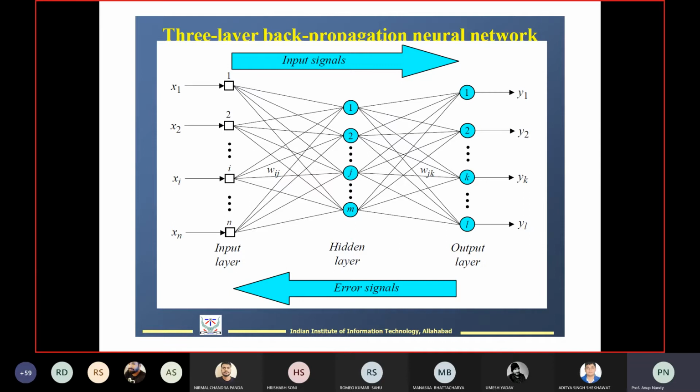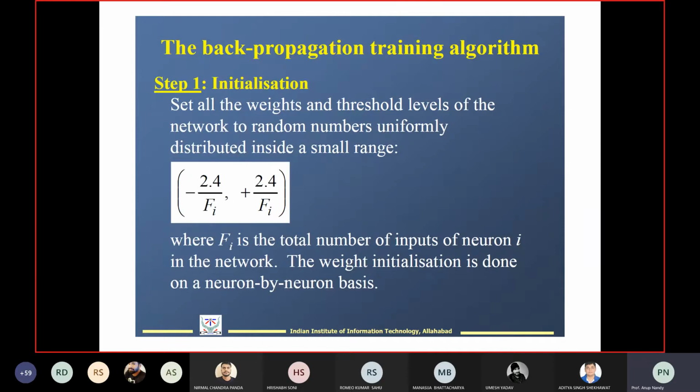Now we'll see step by step how this works, because you need to apply the training algorithm, since this network has to be trained. There is a little mathematics here; just follow these steps. You just need to focus on the differentiation.